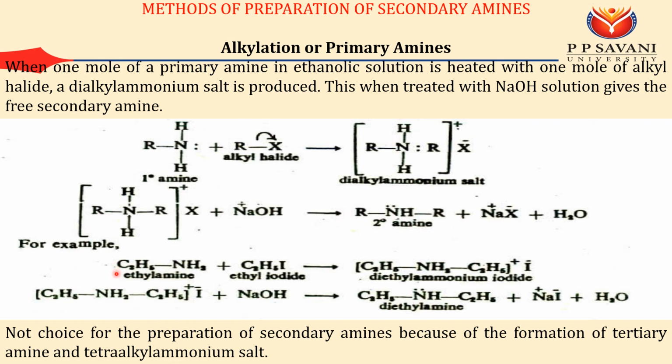For example, if I have ethylamine and I react it with ethyl iodide, initially I will get diethyl ammonium iodide, then I react it with base, and I will get diethylamine as my product.